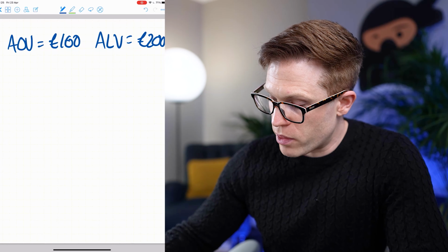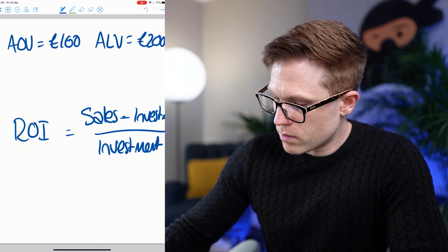So the ROI is calculated by money out divided by money in, or technically money out minus money in divided by money in. Okay, so let's say sales minus investment divided by investment.